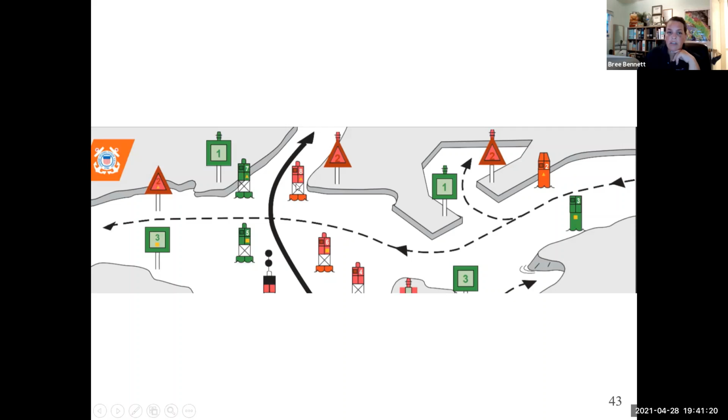So even though this is a red buoy and this is a green buoy, we're treating them both as red, following that intercoastal waterway. This is all prior to voyage planning. When you're voyage planning, you should look around and see what buoys you're going to be following. That way you can expect to see the little intercoastal marker or not.